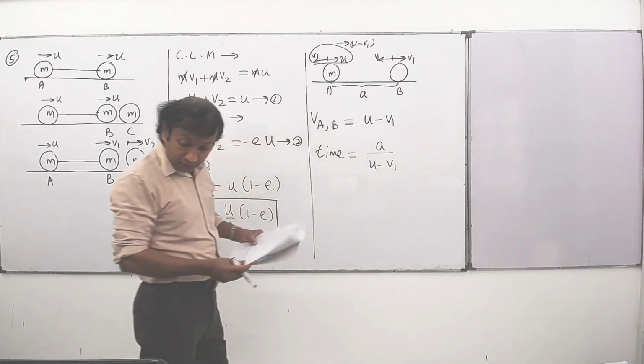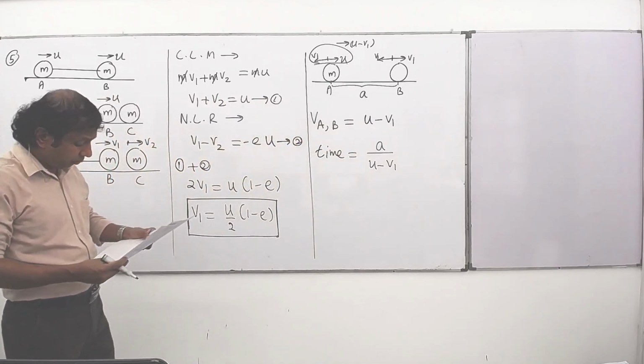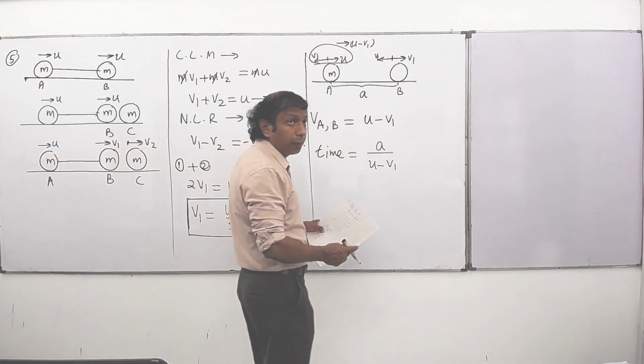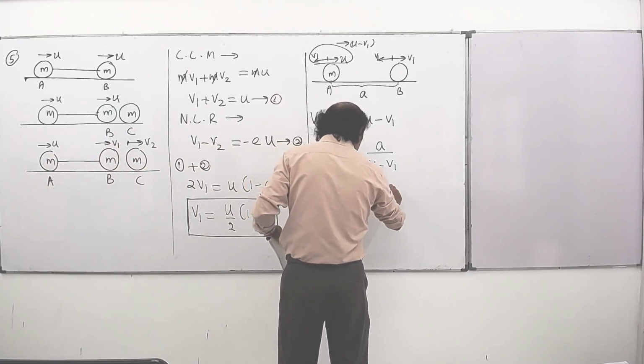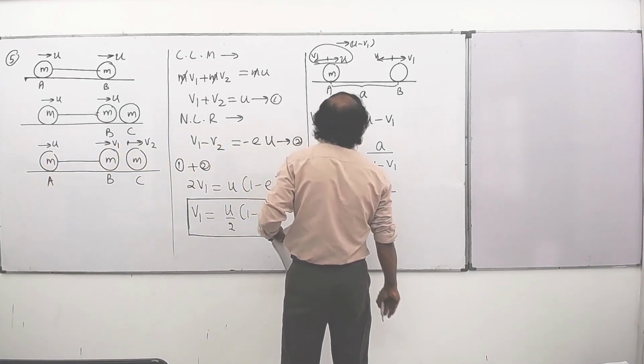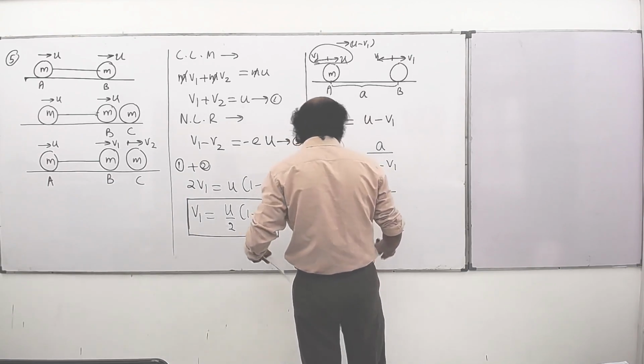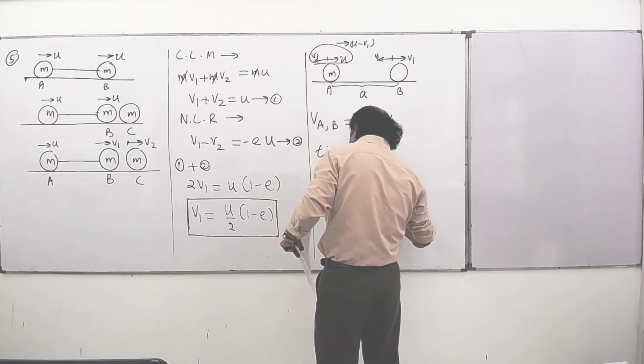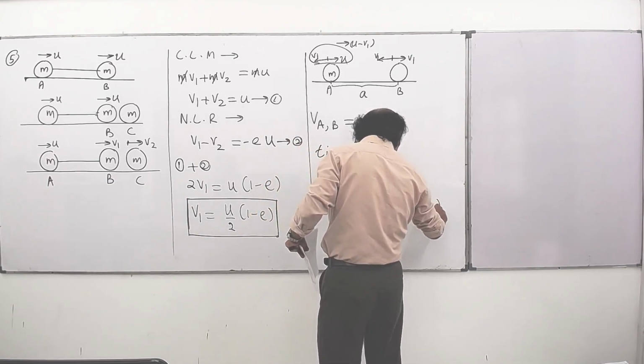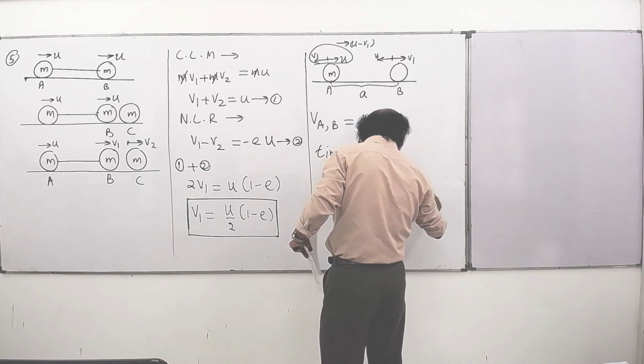Okay. Right. So then substituting for V1, we get a over u minus V1, which is a over u by 2, 1 minus e.